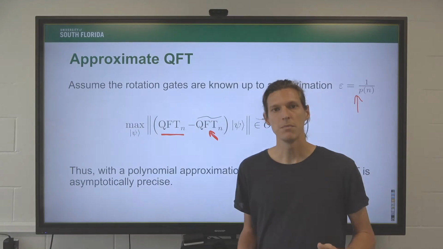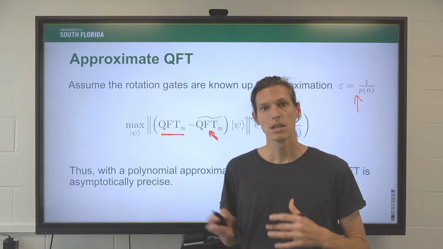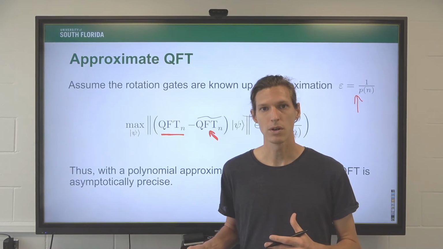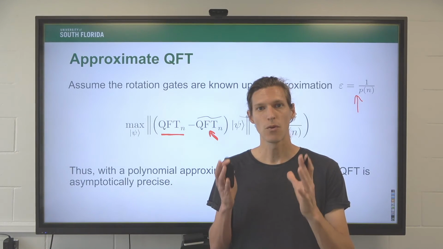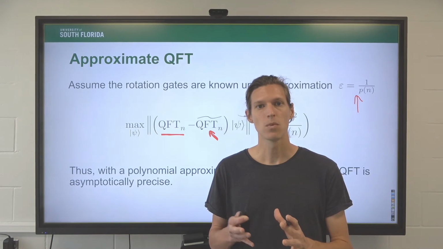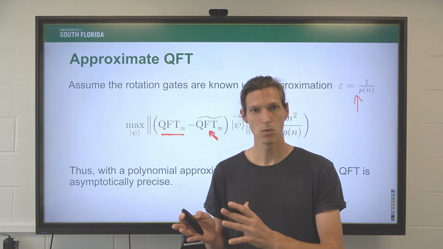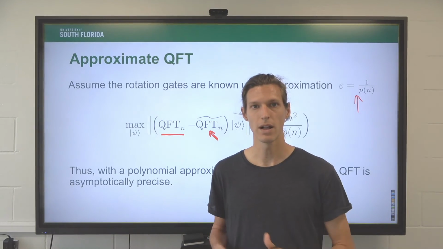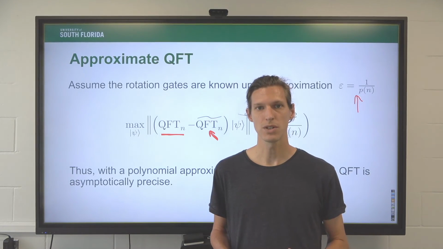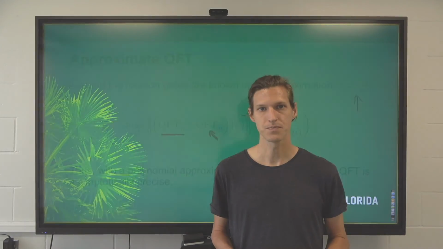So with the right amount of approximation on the rotations, what we're going to observe is something that asymptotically will tend to the value 4 over pi squared, okay? So all we have to do is approximate our rotations with the right approximation factor.